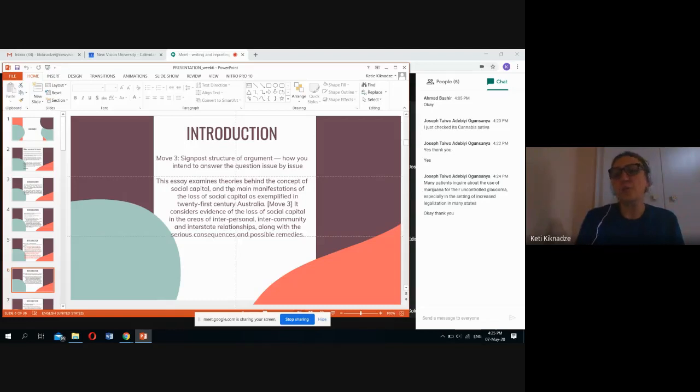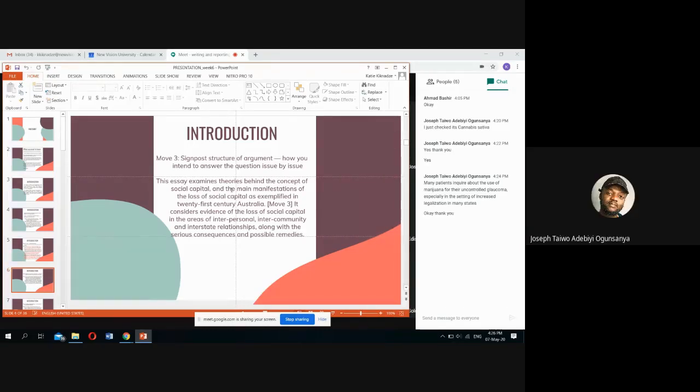In move 3, you would talk about how this work is going to focus on the use of marijuana in the treatment of glaucoma. It is going to examine the long-term benefits of the treatment and whatever else it has. I absolutely have no idea. Yeah?